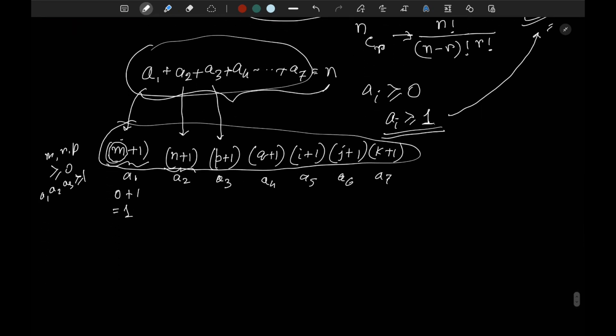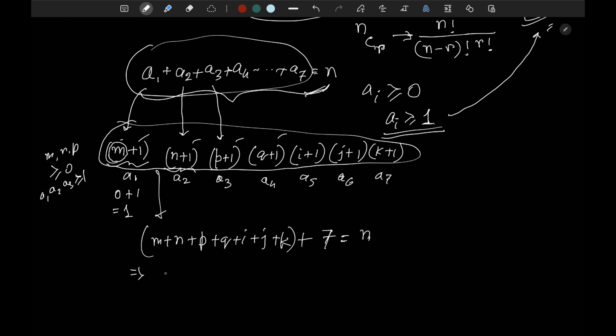Okay, so what do we have from here? This equation becomes m plus n plus p plus q plus i plus j plus k, plus how many ones? 1, 2, 3, 4, like this 7 ones, is equal to n.